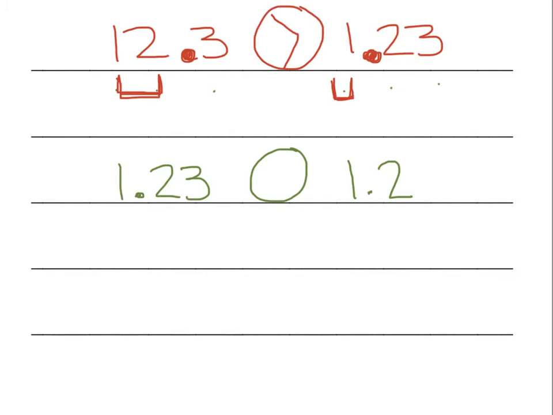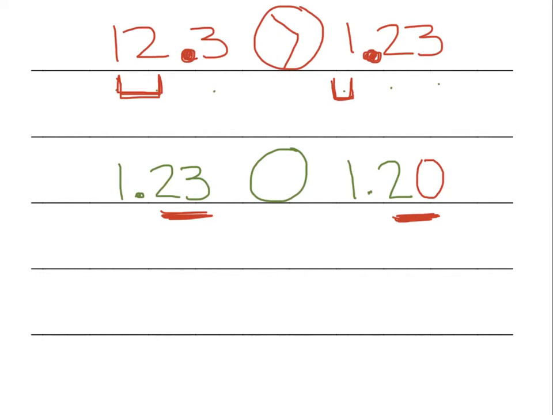I'm looking at hundredths in this one, but I'm only looking at tenths in this one. That's hard to do. So what I will always say is you need to make the place values equal. I have 2 place values on this side, so therefore over here I'm going to put 2 place values. I can add the 0 without changing anything in the value.